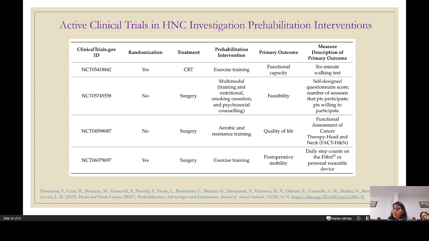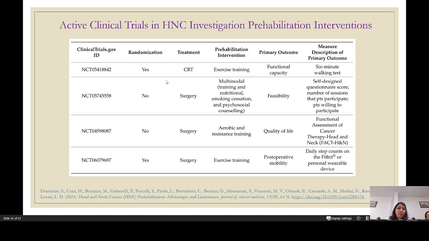In this trial, they evaluate the effect of exercise-based rehabilitation on functional capacity, including 46 patients in two groups, a rehabilitation group and a usual care group. The rehabilitation intervention included exercise training. The primary outcome was functional capacity, and the measure of the primary outcome is the 6-minute walking test.